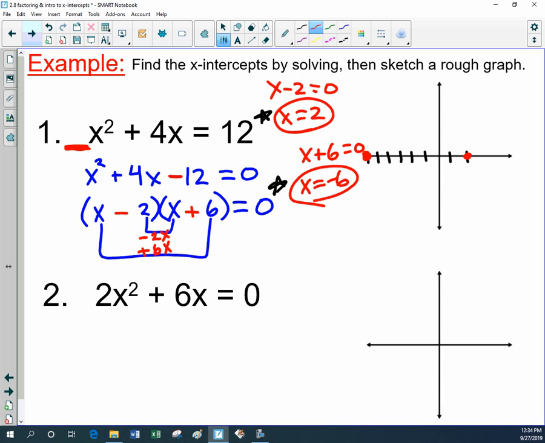So here's negative 2, and we said the graph opens up. So just put your vertex somewhere below the x-axis, and then draw your rough sketch of the graph. In terms of finding this exact point, that'll come at a later time for us.